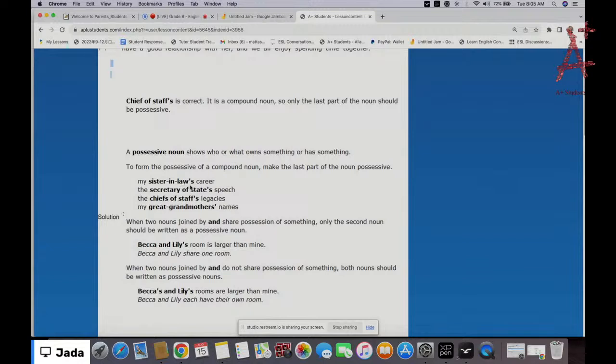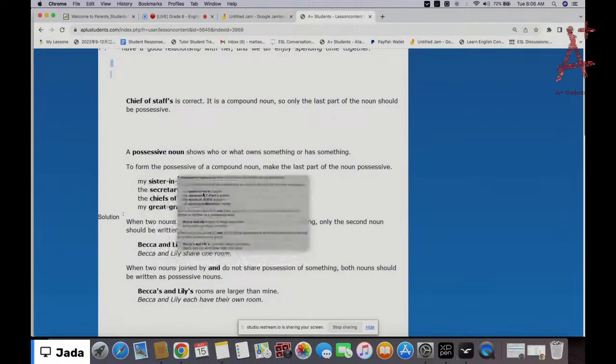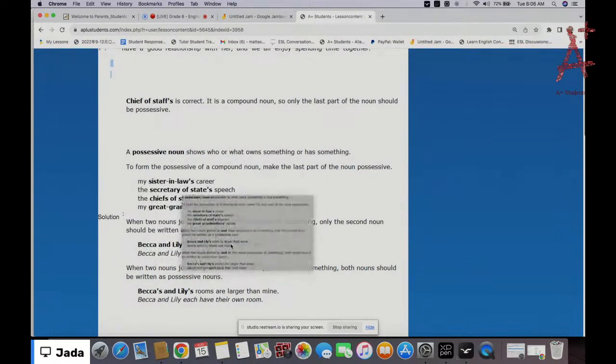You see that it has the apostrophe and then the s, which makes it possessive. Then the Secretary of State's speech, the chief of staff's legacy, my great grandmother's name. All these show that the last part of the noun was made possessive, and then it becomes a possessive noun.